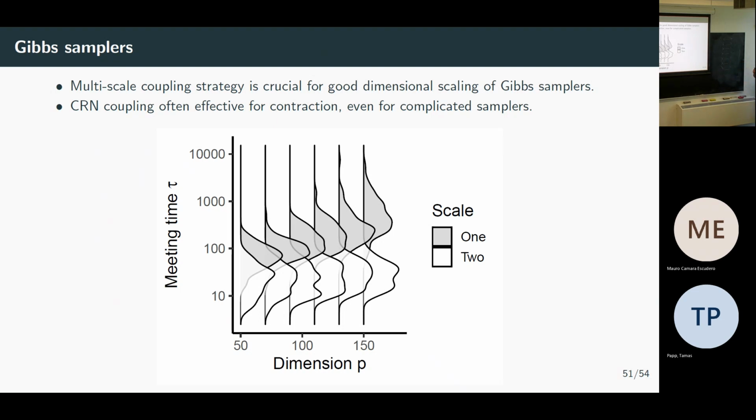Can you repeat the contractive coupling? Sure, yes. Common random numbers, well, it depends on what structure you have in the marginals, but if you just want to couple two univariate distributions, let's call them mu and mu, then the best thing you can do is this coupling.